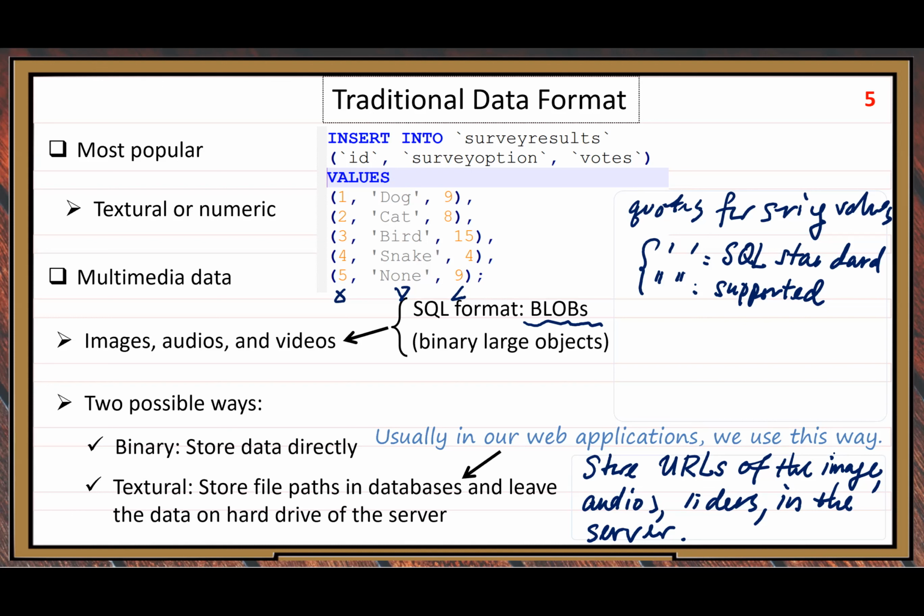But here there is another thing. For images, people use this way. But for videos, we know videos are much larger than images. For images, usually a few megabytes should be enough. But for videos, it could be very big, hundreds of megabytes, even gigabytes.